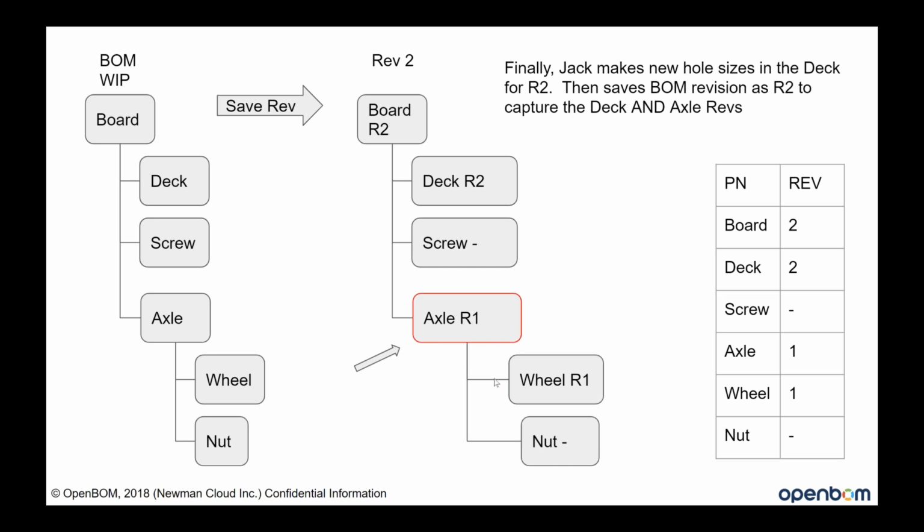We see that the axle now at revision 1 is incorporated into the Rev 2 of the board, and we have the revision tree there on the right. So now we can think about this as being sort of at the end of the design. We've got the revision of the board, Rev 2. We've incorporated Rev 1 of the axle, the changes that Kathy made. And we can kind of think about this as a final rev controlled state of the board.